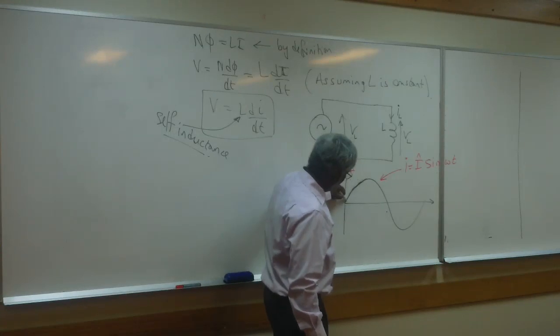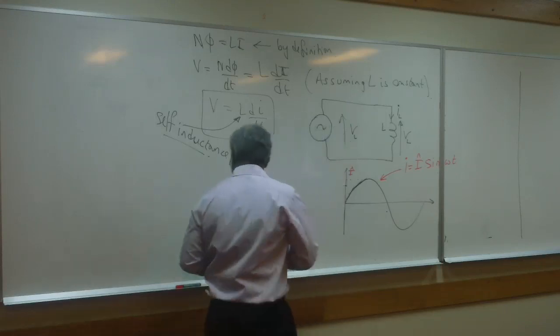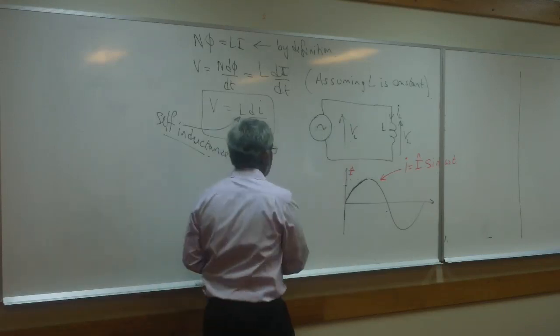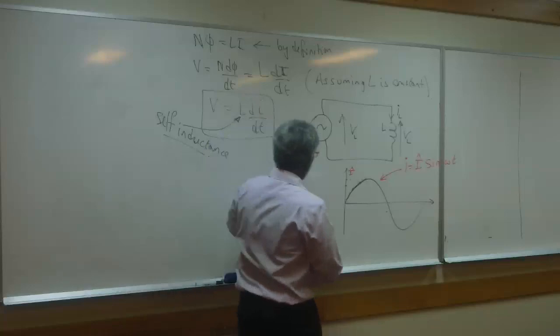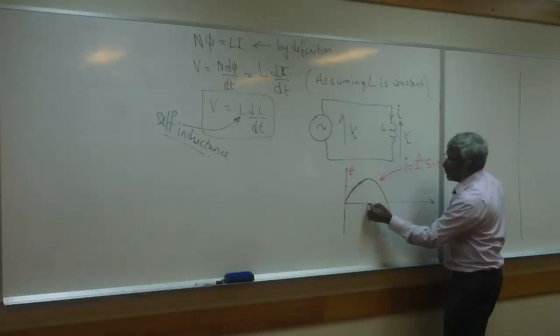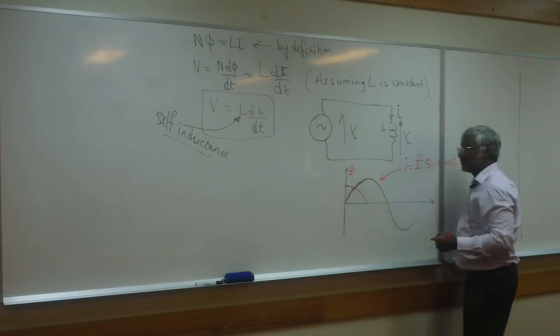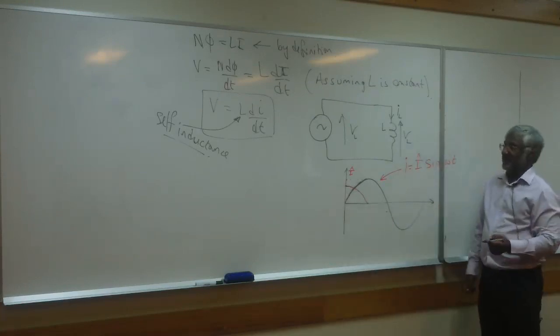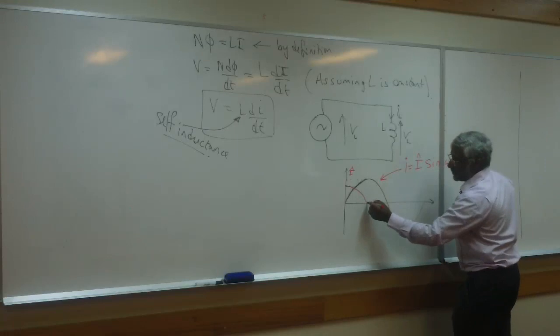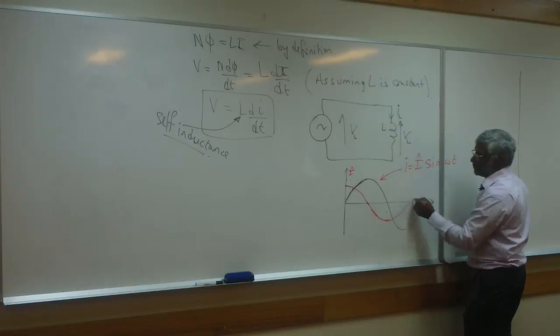So maximum slope means maximum positive, so that's a gradient, which is proportional to the slope. And then the slope here is 0. So your voltage then, which is proportional to the slope of the current, would follow this curve, which is a cos curve. So the voltage will be a cos curve.